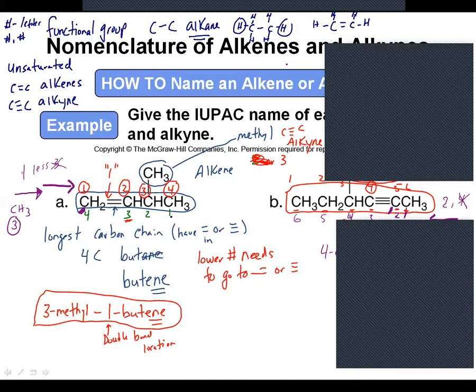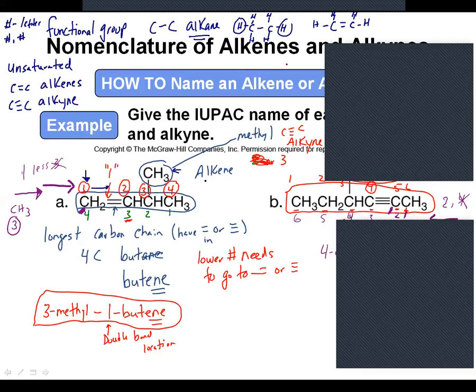If we went right to left, it would be 1, 2, and 3. So as we saw last time, going left to right will give our double bond the priority in terms of the numbering. And once we lock in going left to right in this particular case, our group will also be locked in to that numbering as well, which is why it ends up at carbon number 3.